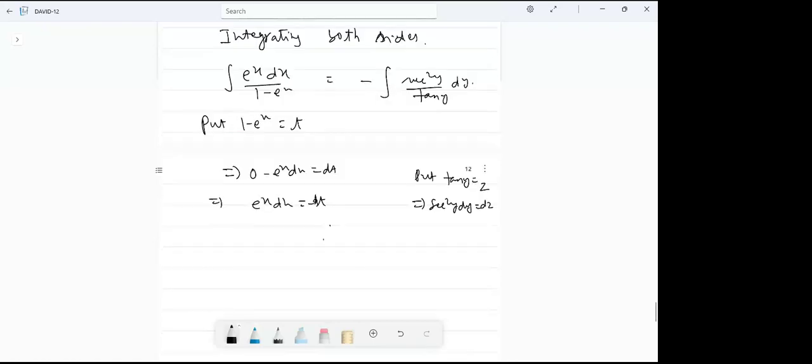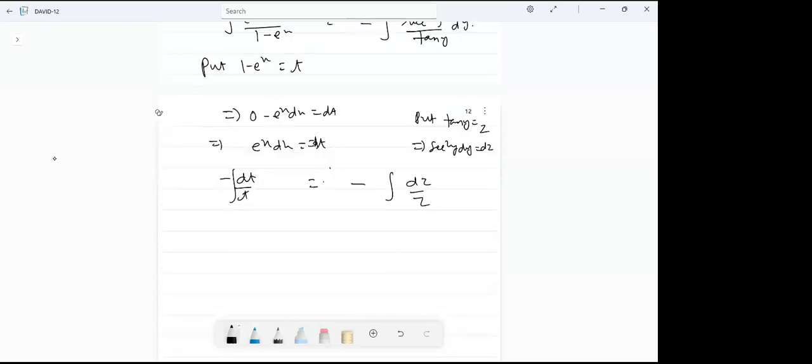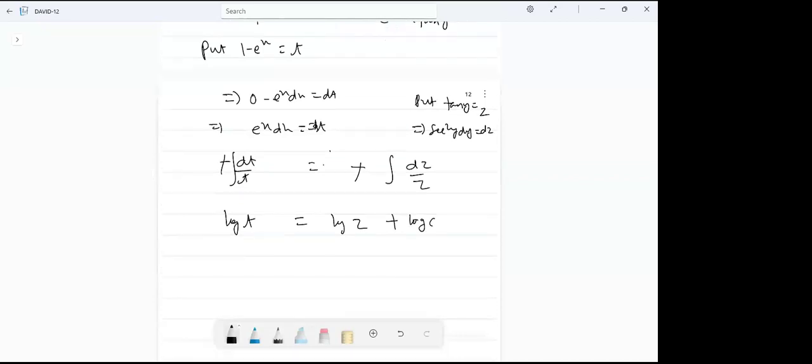So this will become minus dt over t, and here it is minus dz over z. So the minus sign will be cancelled out from both sides. So log t equals to log z plus log c, or c only. So log t means log of 1 minus e to the power x equals to log tan y plus log c.